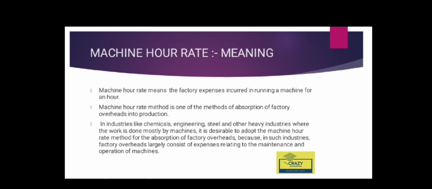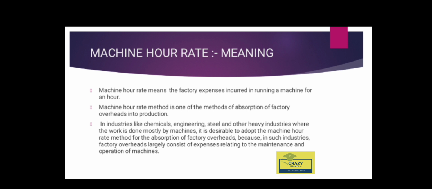Whatever method is selected by a firm, it must achieve the following objectives. The basic objective is to select an absorption base which helps in determining the accurate amount of factory overhead to be charged to individual products, jobs, processes, etc.